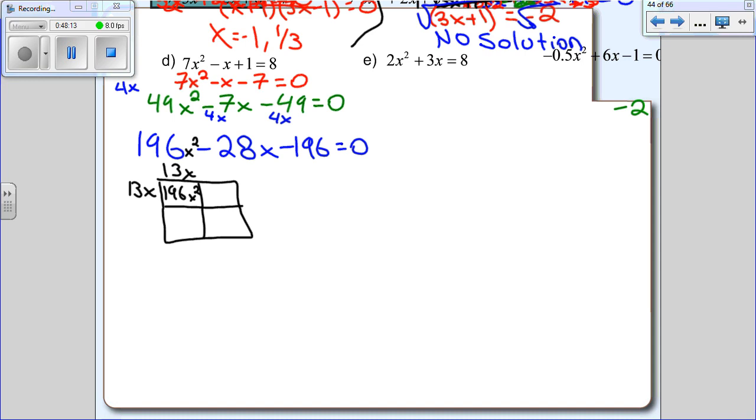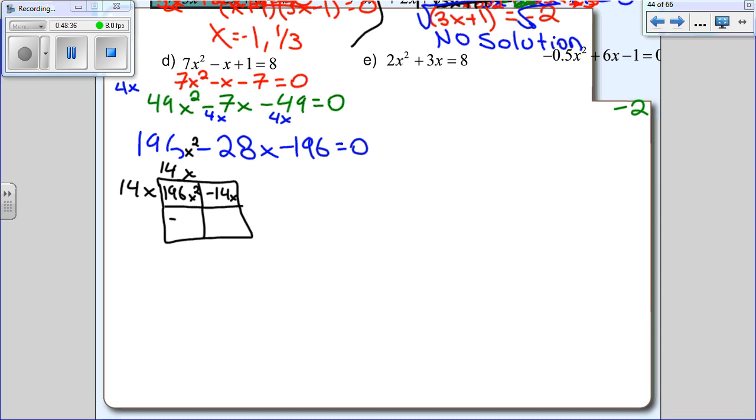Then we take our negative 28 and we break it into 2 to be negative 14x and negative 14x. See, if it was 13 on the outside, that would have been really bad. You weren't going to get that to be 14. What numbers must go on the outside to get our negative 14s? Negative 1 and negative 1.